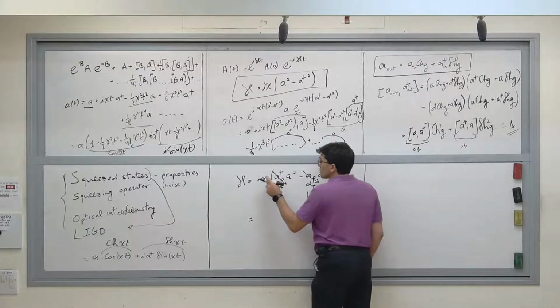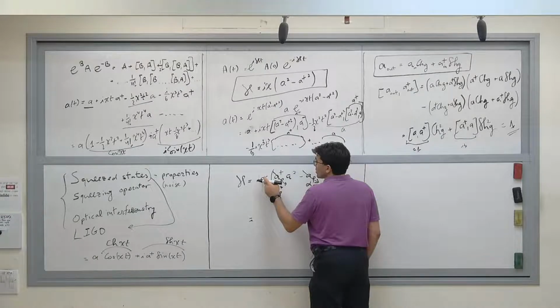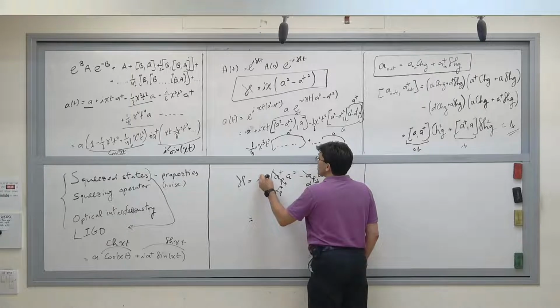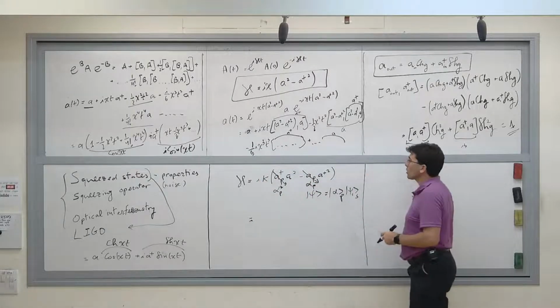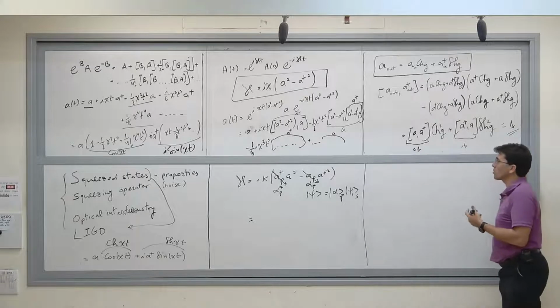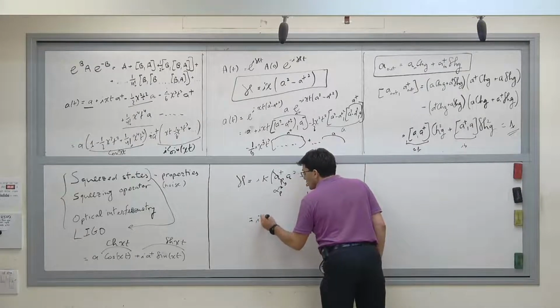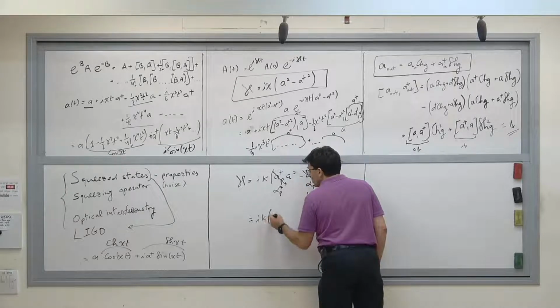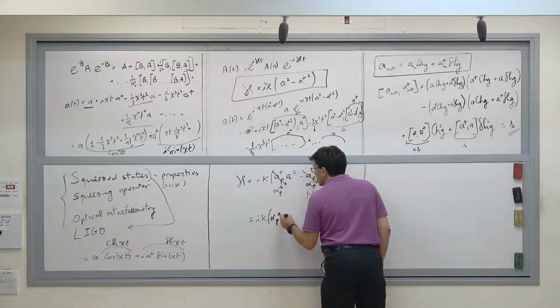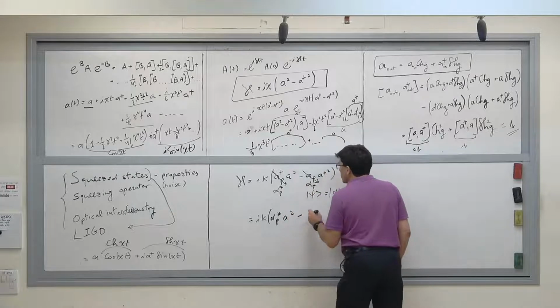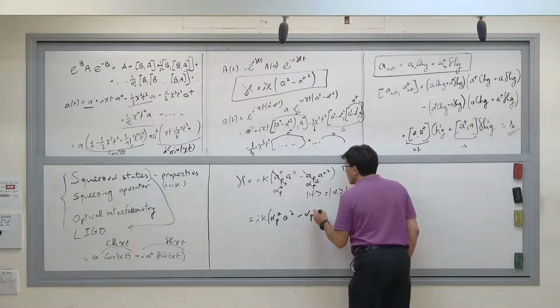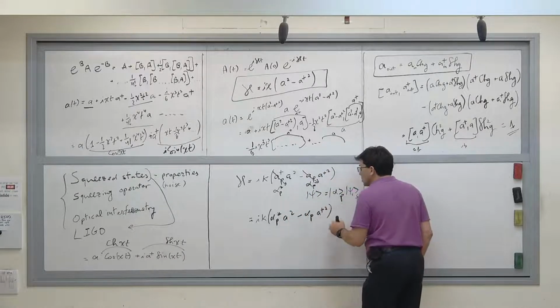Let's call this one kappa, I don't want to use the same letter. So I have here i kappa times alpha pump star a squared minus alpha pump a dagger squared.